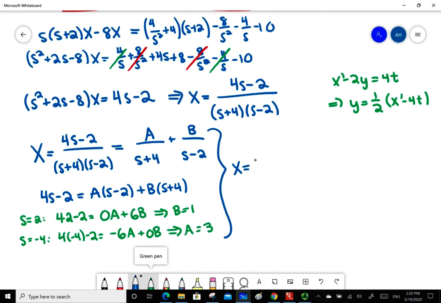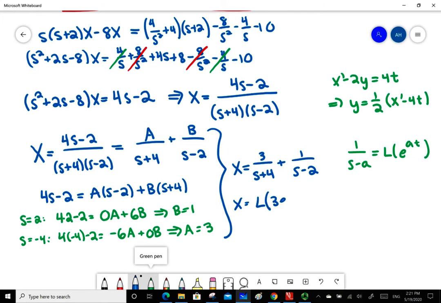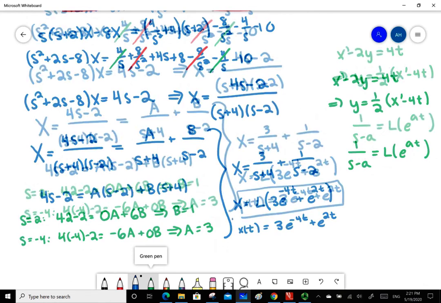That tells us that X is 3 over s plus 4 plus 1 over s minus 2. And since 1 over s minus a is the Laplace transform of e to the at, X is equal to the Laplace transform of 3e to the negative 4t plus e to the 2t. So that means that lowercase x is 3e to the negative 4t plus e to the 2t.